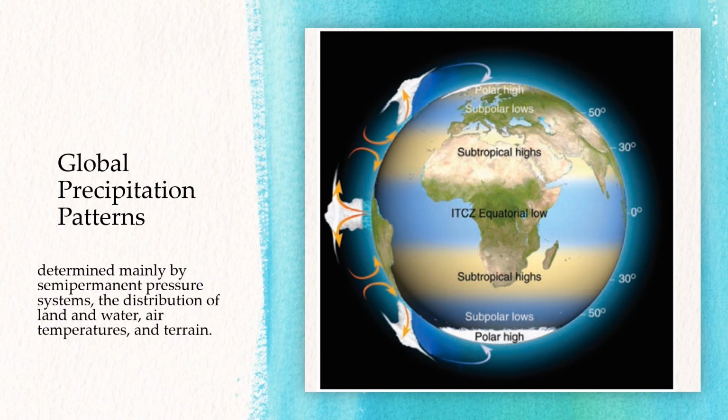It is actually determined mainly by the semi-permanent pressure systems, as well as the distribution of land and water, the air temperature, and also the terrain or landmass. So that's how the global precipitation pattern gets affected.